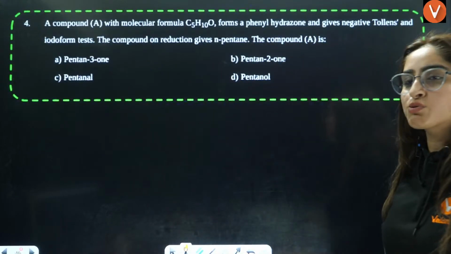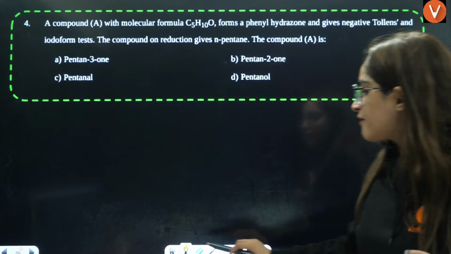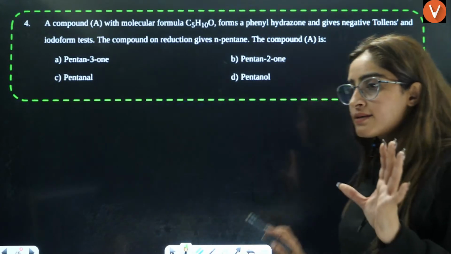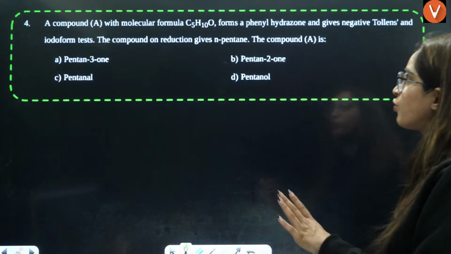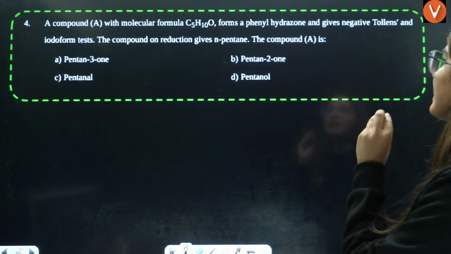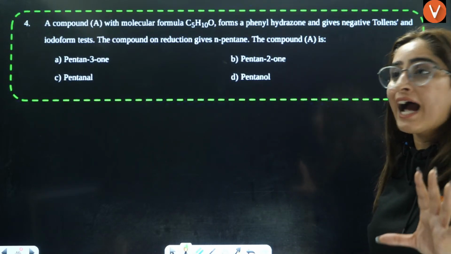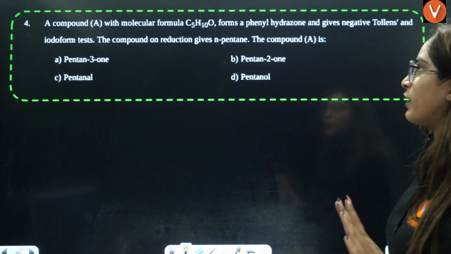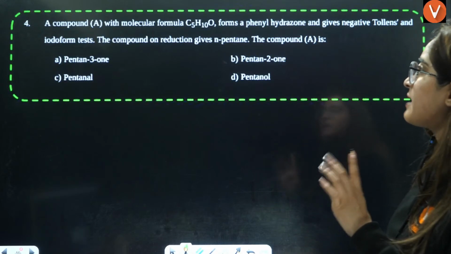Next question on your screen: a compound with molecular formula C5H10O forms a phenyl hydrazone and gives a negative Tollens test and iodoform test. The compound on reduction gives n-pentane.